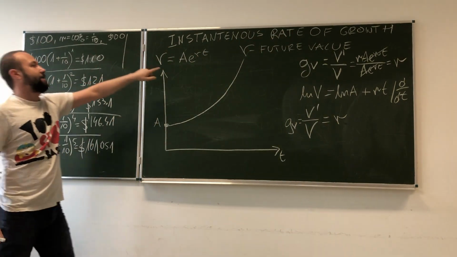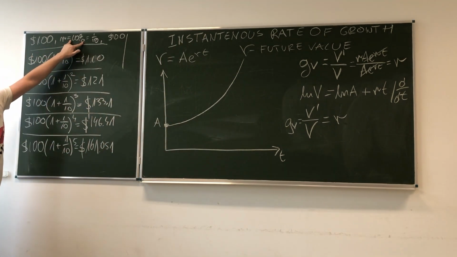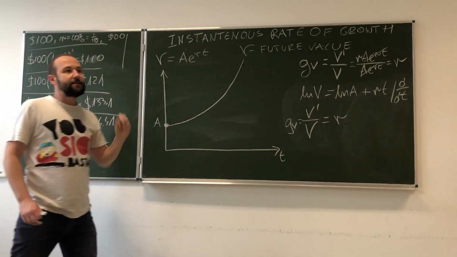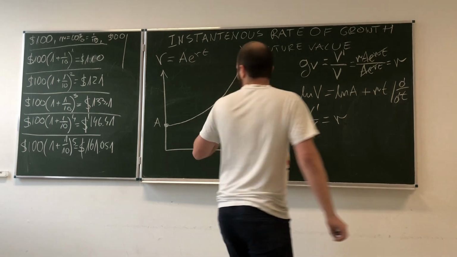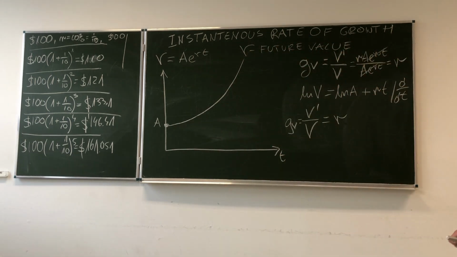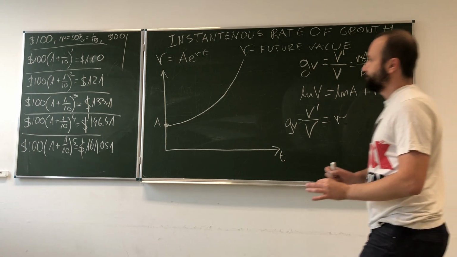This is our A, right? We've got growth rate, R, and we see that this growth rate is constant. So, it means that each year, the amount of money we've got increases by the same percentage.